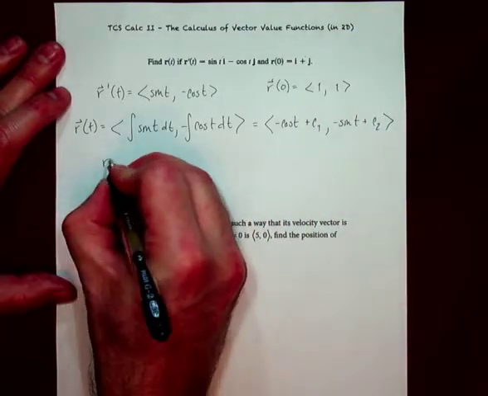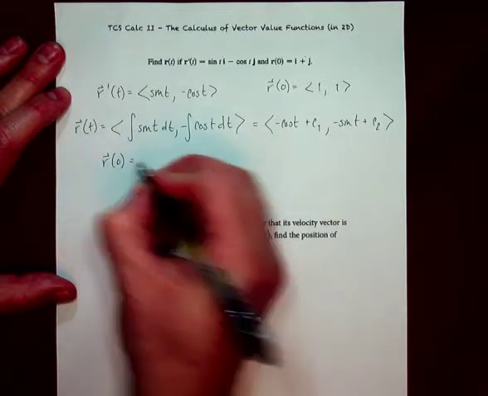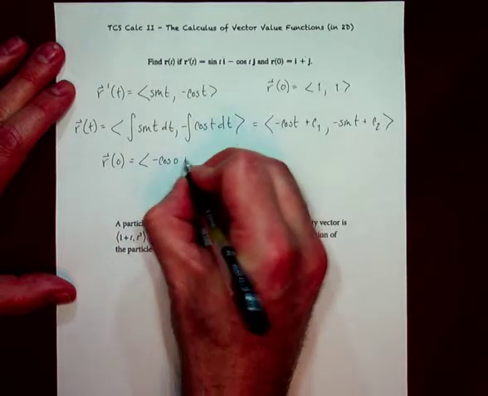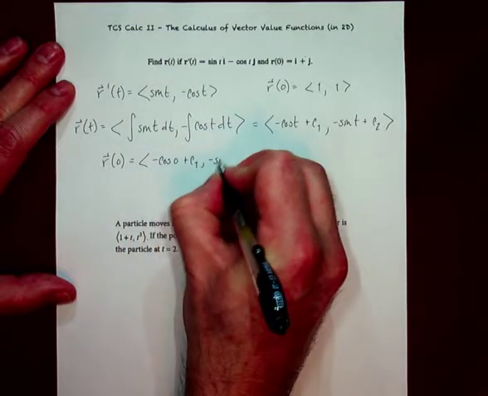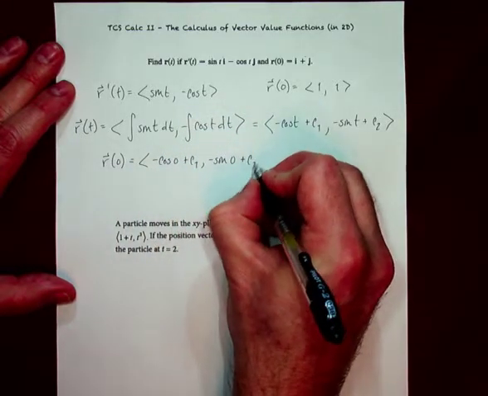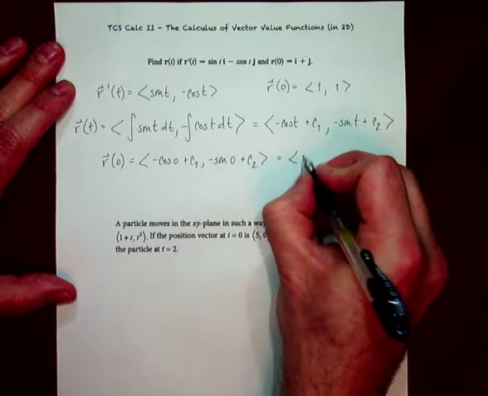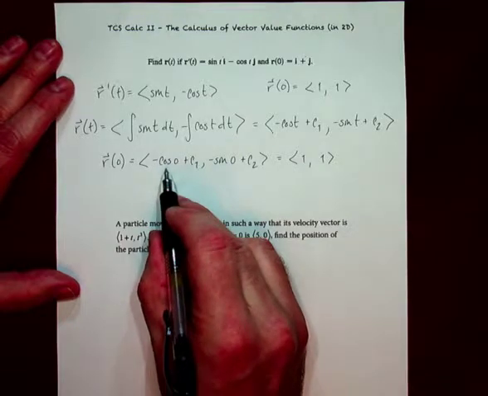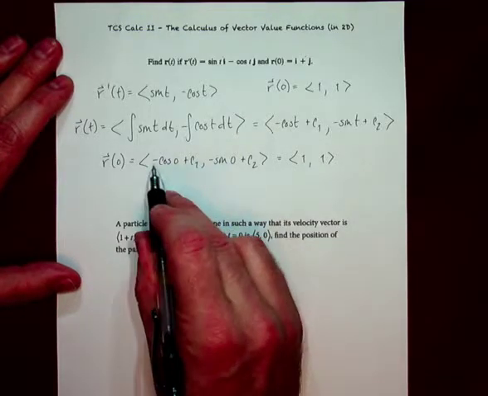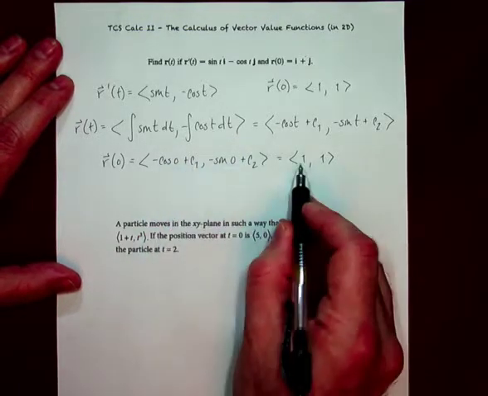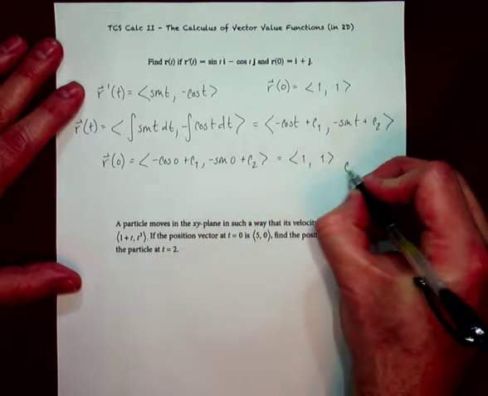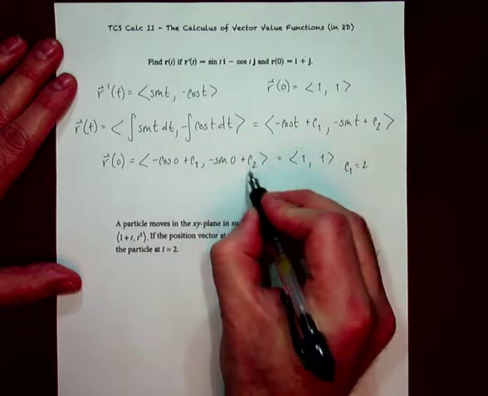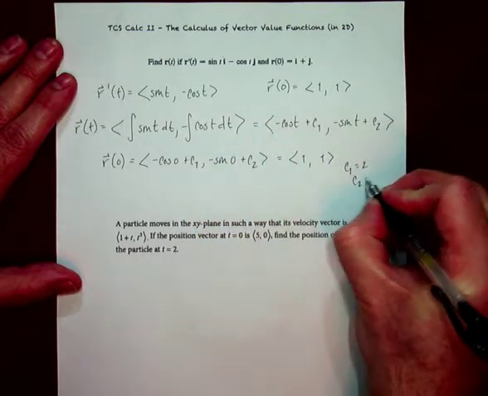So basically, r of 0 is going to be negative cosine of 0 plus C1, negative sine of 0 plus C2, and that needs to be equal to 1, 1. Well, obviously, cosine of 0 is 1. So negative 1 plus C1 is equal to 1. So C1 is equal to 2. Negative sine, well, this winds up being 0. So C2 is just equal to 1.